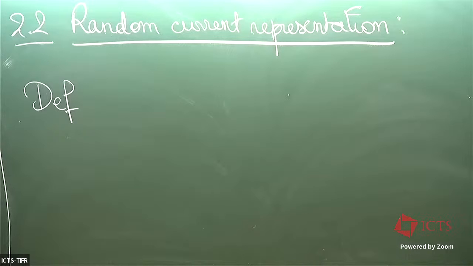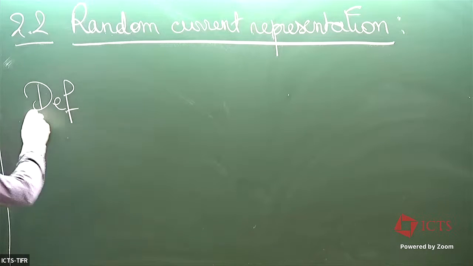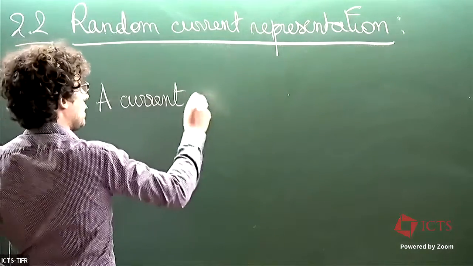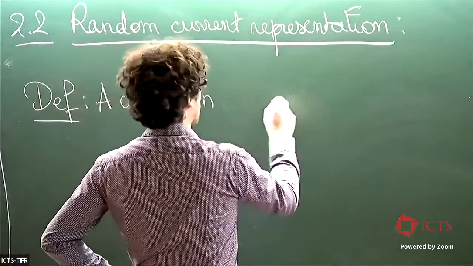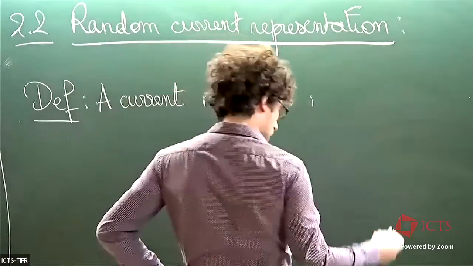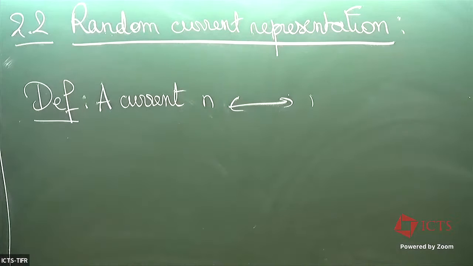So, definition. A current will just be a function on the edges of a graph.